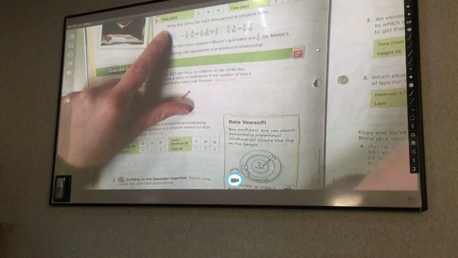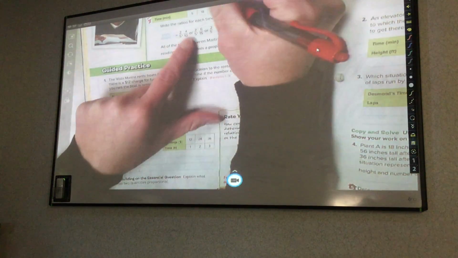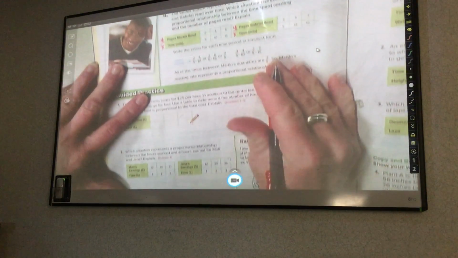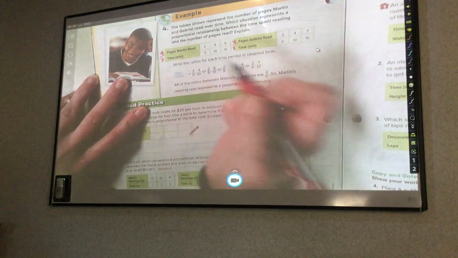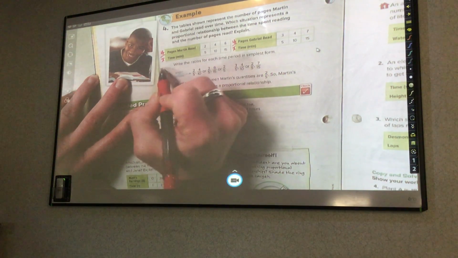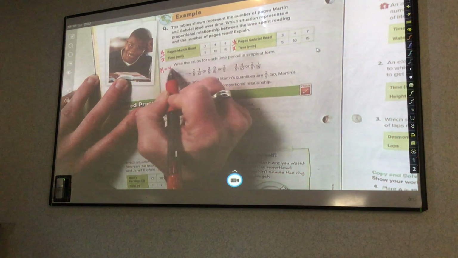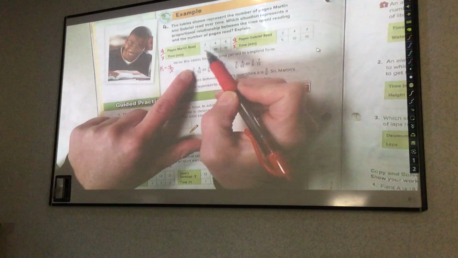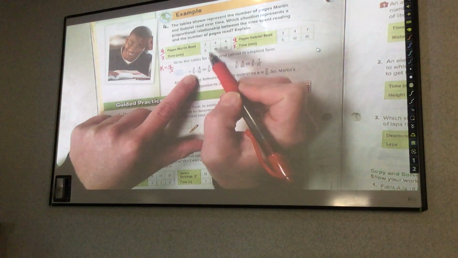Okay? So now we have our y over our x again. Pages per minute, so y over x. So we're going to have constant equals y over x, which is this. 2 over 5. I can't reduce it.